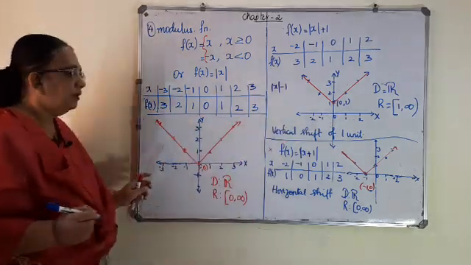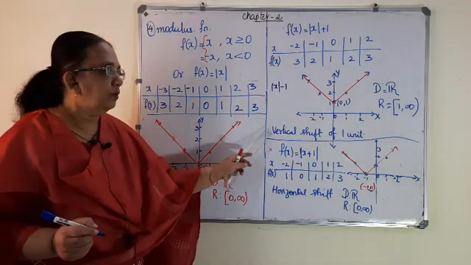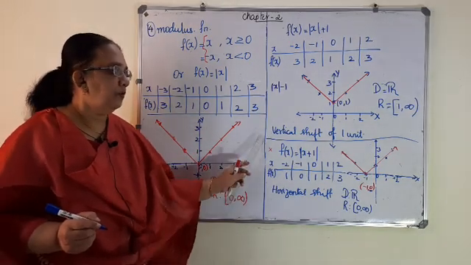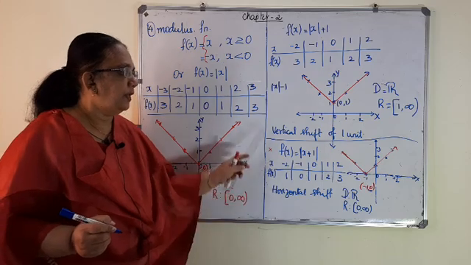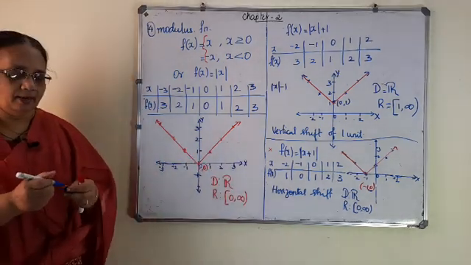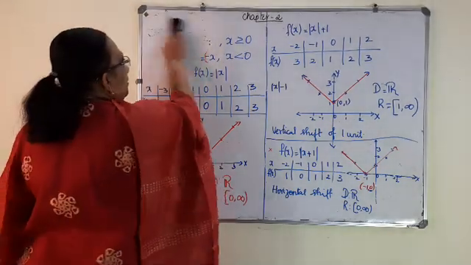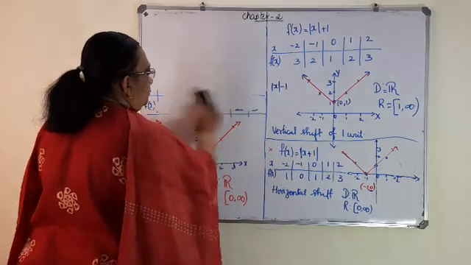So from the standard graph, you can get horizontal shifting or vertical shifting, and from that you can find the domain and range of the graph. Okay, I hope this is very well clear to you.